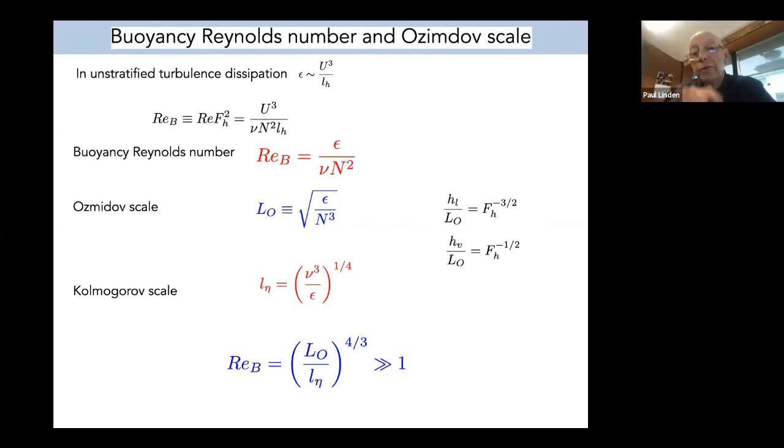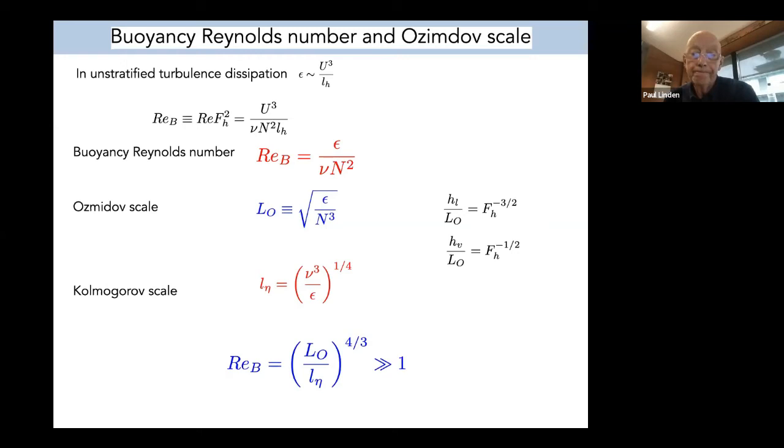So that's a very useful way of thinking about it. This buoyancy Reynolds number, this fundamental parameter that you need to be large in order to have stratified turbulence, can be thought of as the ratio between the turbulent dissipation and nu times the background stratification, measured through n squared.